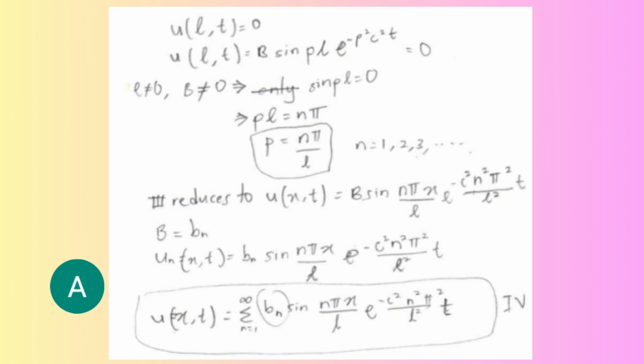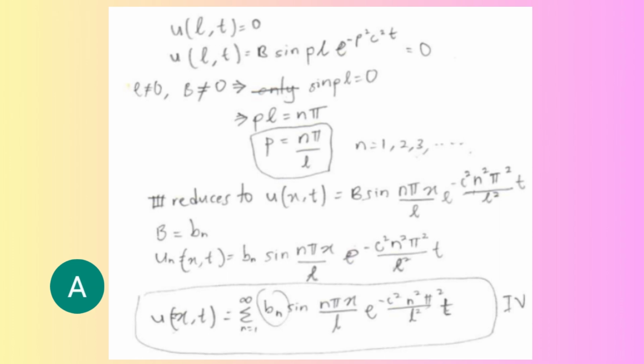From the angle we get pL equals n pi, so p equals n pi per L, where n is 1, 2, 3 and so on. So the equation becomes b sin(n pi x per L) times e to the power of negative c squared n squared pi squared per L squared times t.